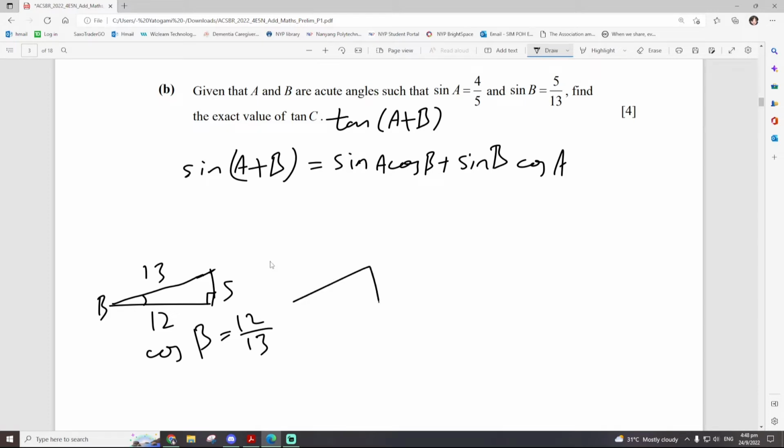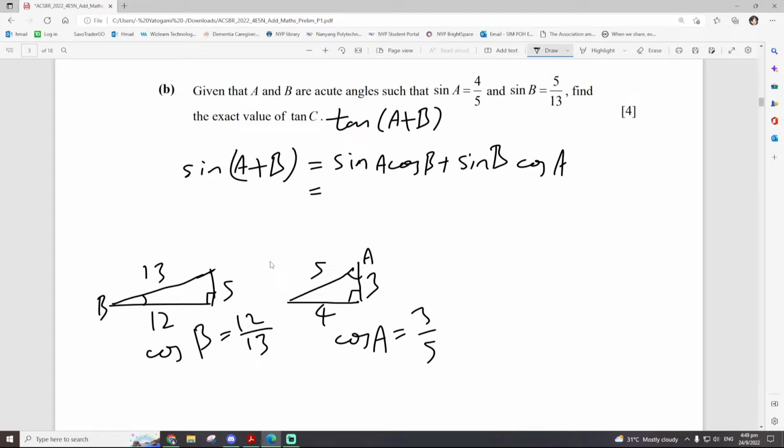Similarly, we can draw another right angled triangle for sine A. And you will have, this will be 5, 4. Pythagoras tells you that this is 3. So this is A. So you can find that cosine A is 3/5. And then you can plug all of those back into this.